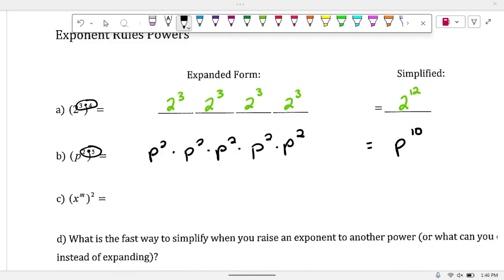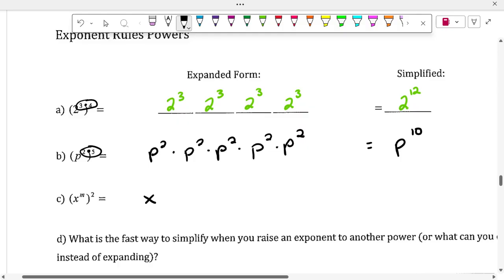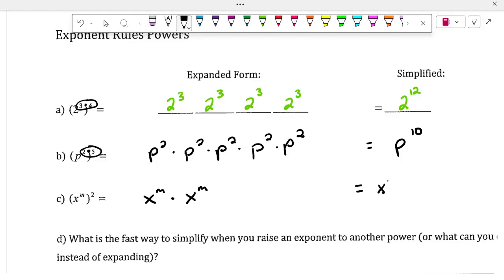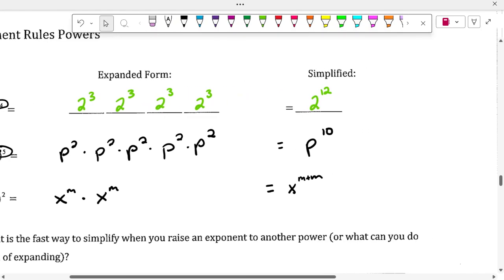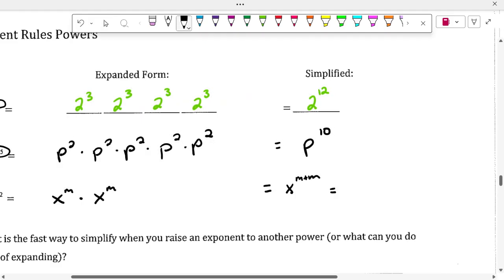So x to the m squared, this will be x to the m times x to the m. Let's think about this carefully. What do you think it would be simplified? X to the m plus m, right? Well, what's m plus m if you combine like terms? 2m.